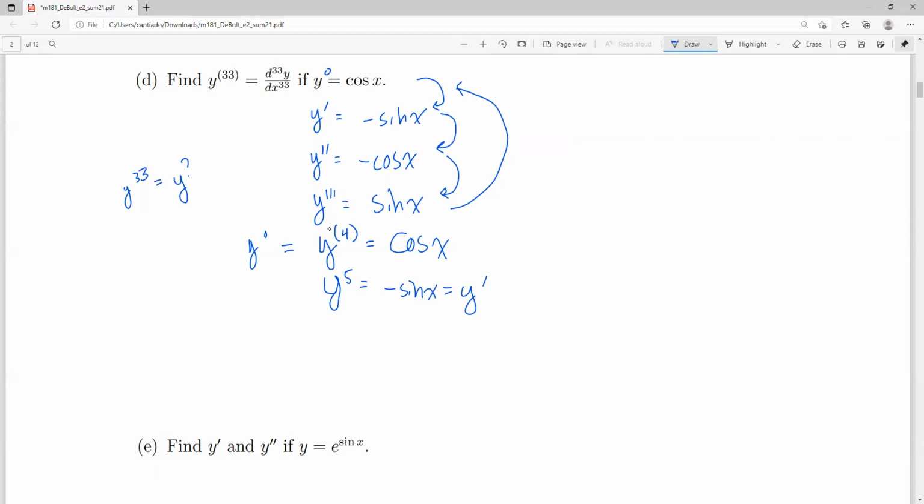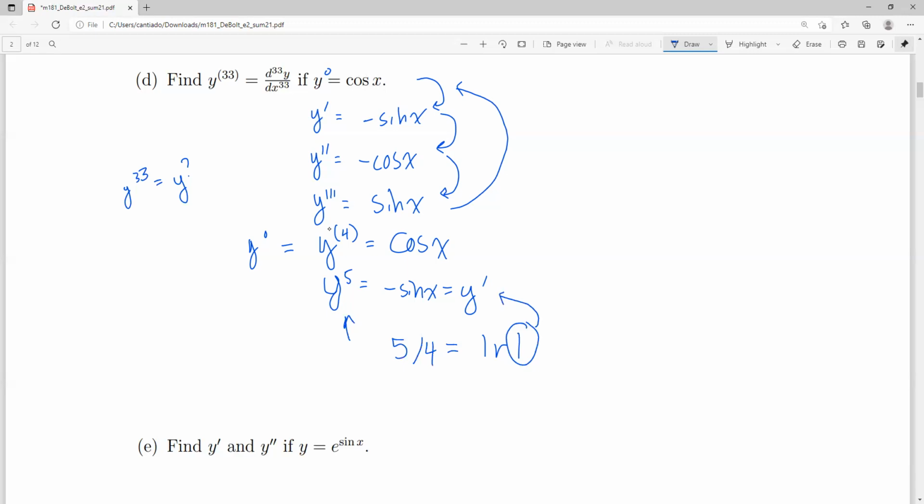For example, we know for sure that y to the 5th derivative is negative sine x, which is the same as y to the first derivative. If we took 5 and divided it by 4, what do we get? We get 1 remainder 1, right? The key part to know here is what the remainder is. The remainder in this case is 1, and notice it corresponds to the first derivative.